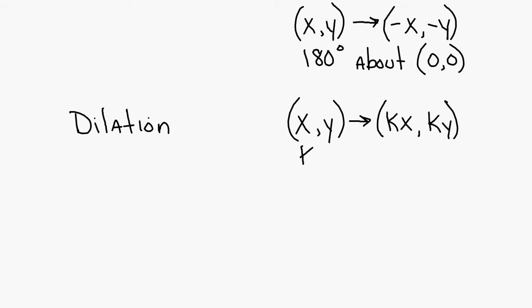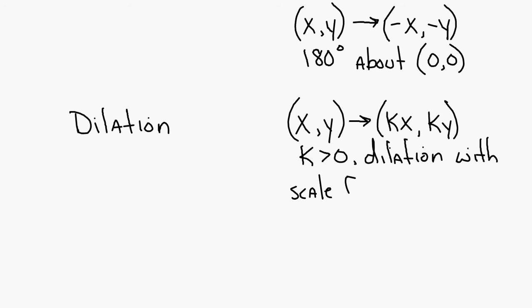K would have to be greater than 0. And this would be a dilation with scale factor k and a center of 0, 0.